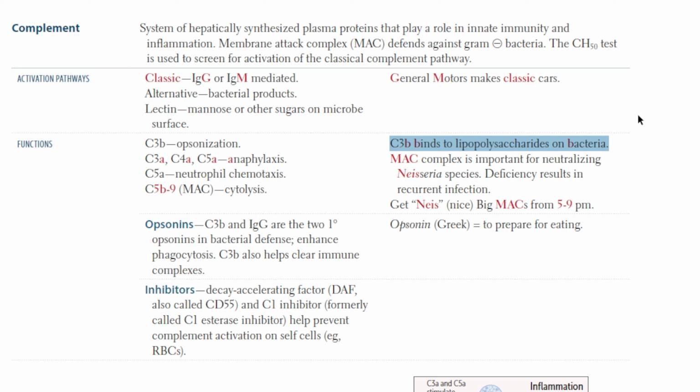It's not the best one, but you can hear my voice, and something may go through your mind and stay there. So that's why I like to repeat. C3b is for opsonization, and C3b binds to the lipopolysaccharides on bacteria.